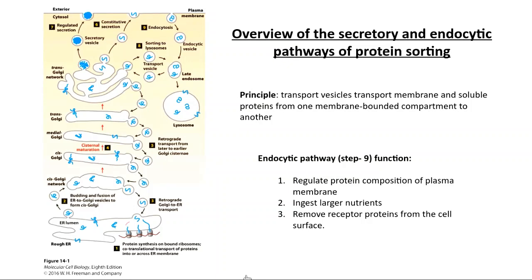Now, the eighth step: there are the vesicles which do not go through either constitutive secretion or regulated secretion. They go to these lysosomes. Why? Well, we said that proteins get properly folded here. True.